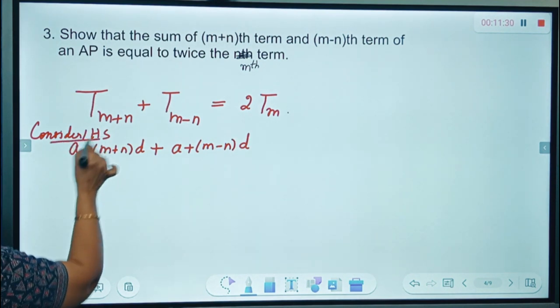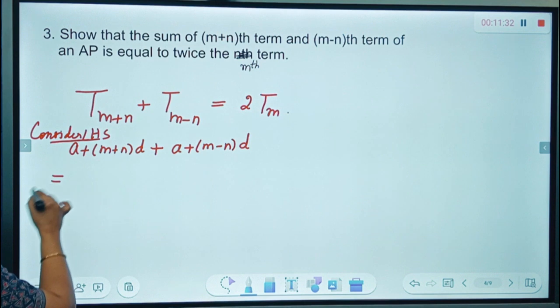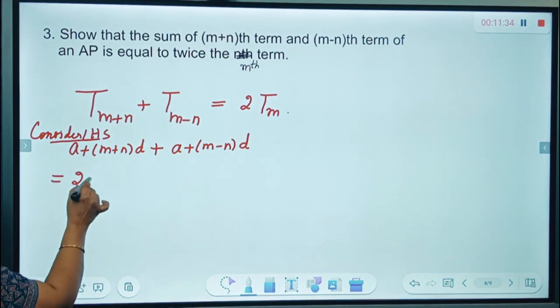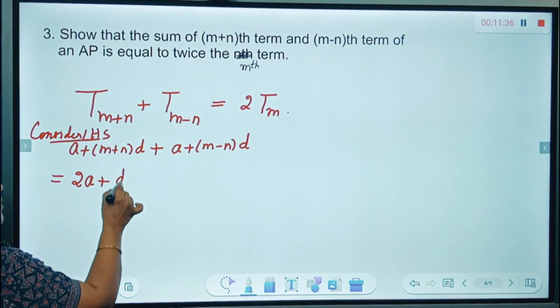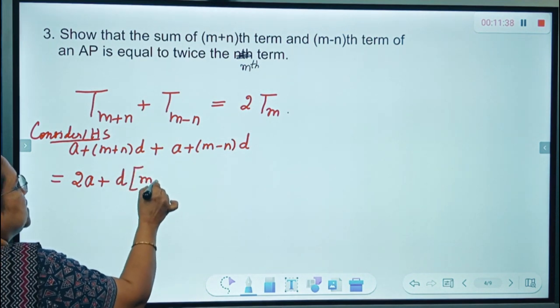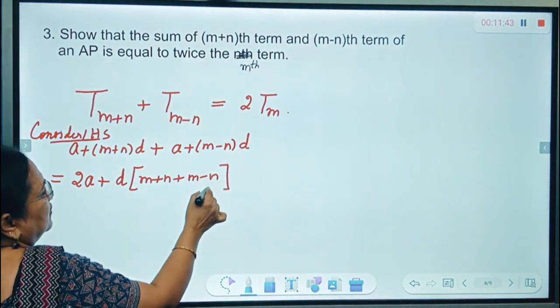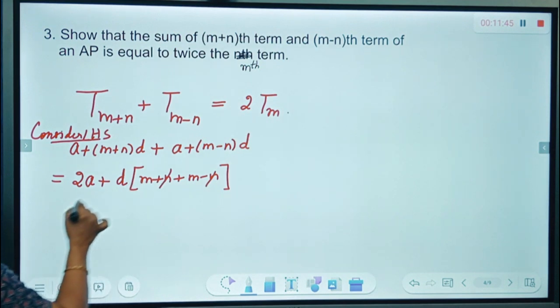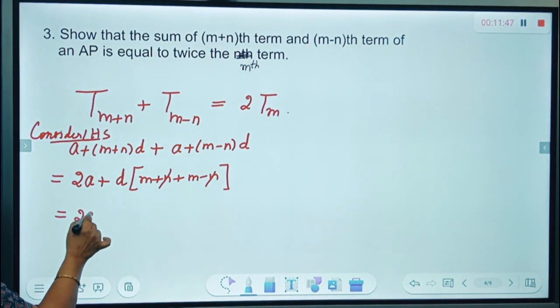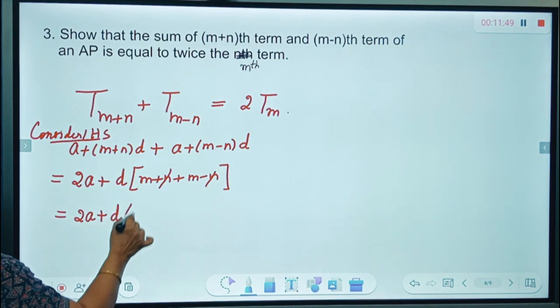Now what is this? This is a plus a, that is 2a, plus d into m plus n plus m minus n. So n gets cancelled. So this is 2a plus d into 2m.